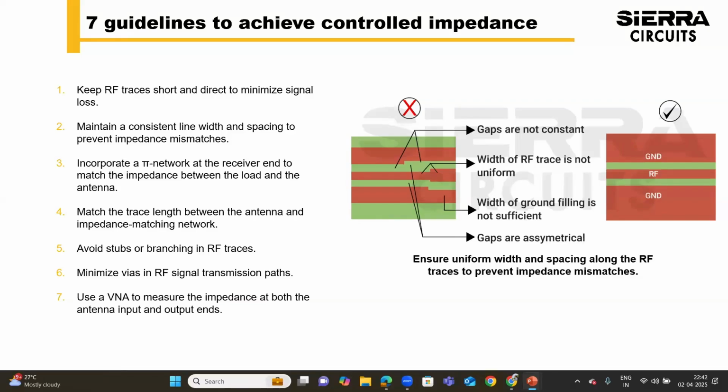You can match the trace length between the antenna and the matching network as specified in the datasheet. Also avoid stubs or branching in the RF traces because they introduce reactive impedance and disrupt impedance matching. Minimize vias in the RF path as vias might cause impedance discontinuities, and make sure to use a VNA to measure the impedance at both the antenna input and the output ends.